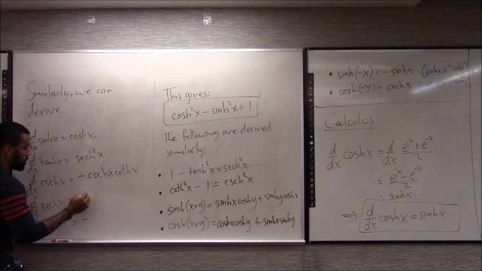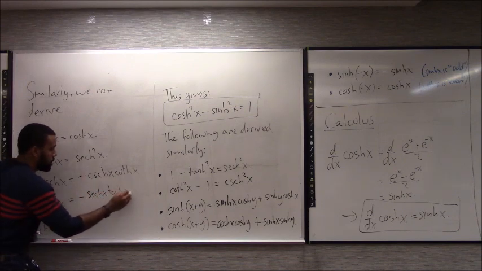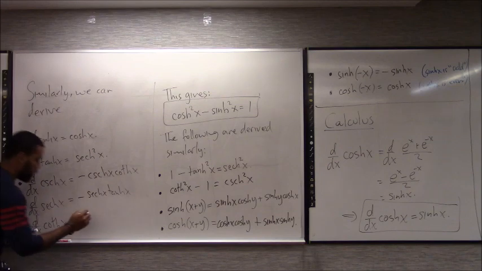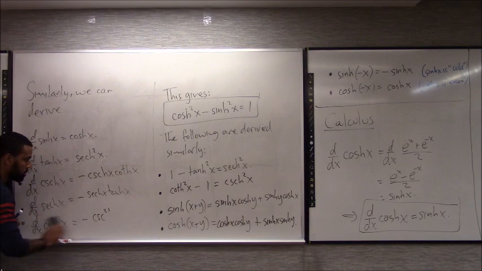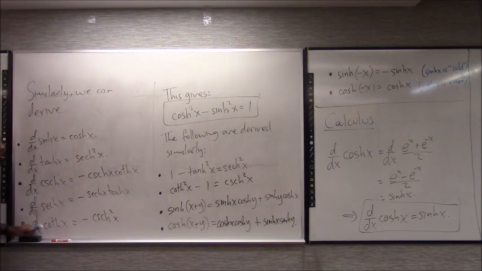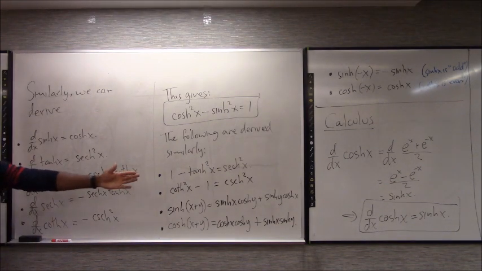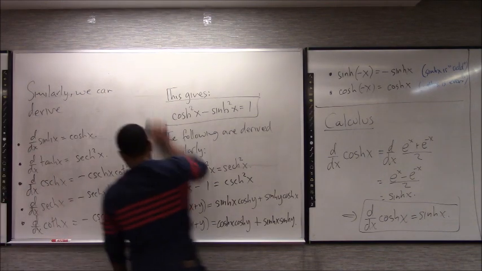And the derivative of secant is secant tangent. This actually behaves similarly with the hyperbolic version, and this is going to be minus cosecant. So you can just go to the exponential definitions and you can actually derive these. I'm not going to do that.